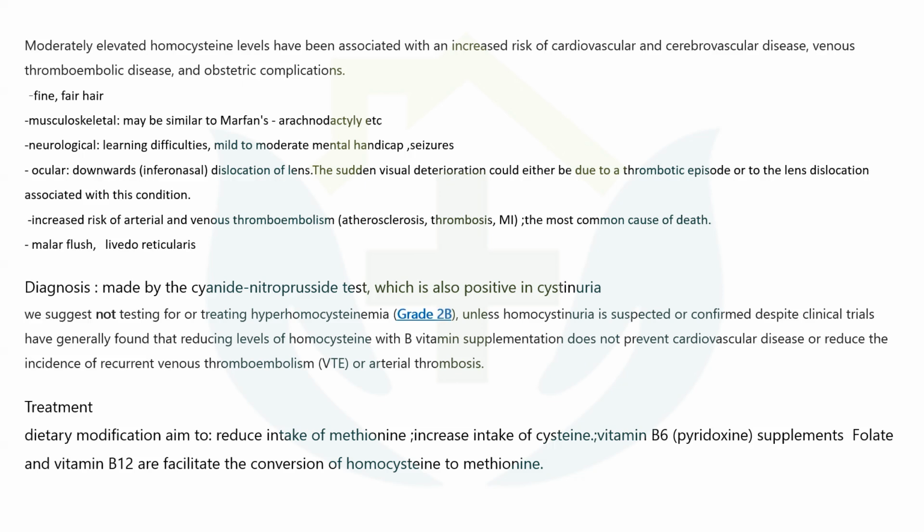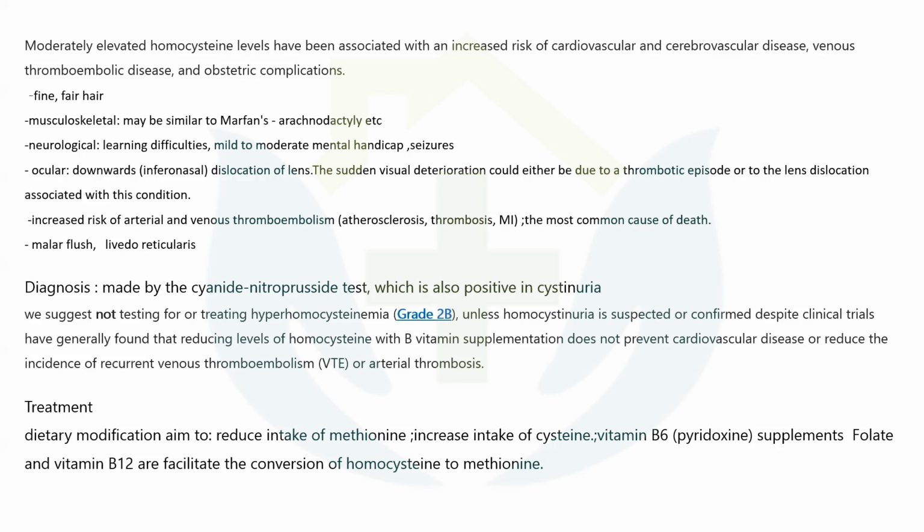And as I said, there is increased chance of venous thromboembolisms, so thrombosis either in the form of stroke or in the form of myocardial infarction. These are the most common. This is a very dangerous complication, which can even cause death in this kind of patient.